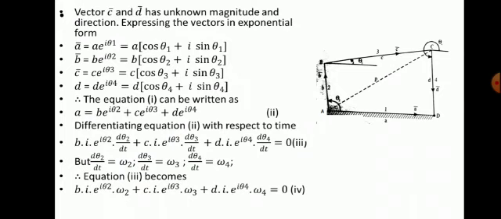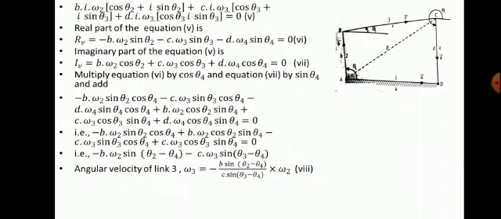Now you see b i omega 2 into cos theta 2 plus i sin theta 2, plus c i omega 3 into cos theta 3 plus i sin theta 3, plus d i omega 4 into cos theta 4 plus i sin theta 4.